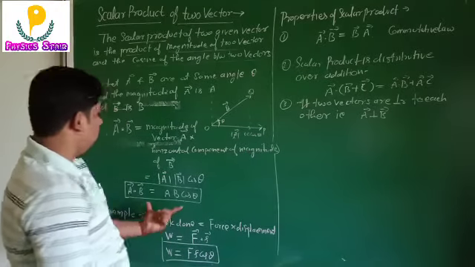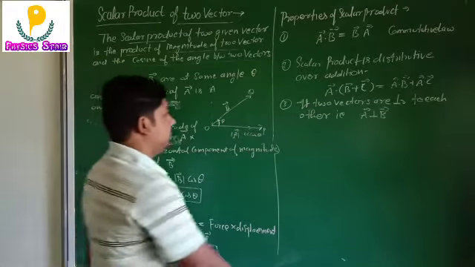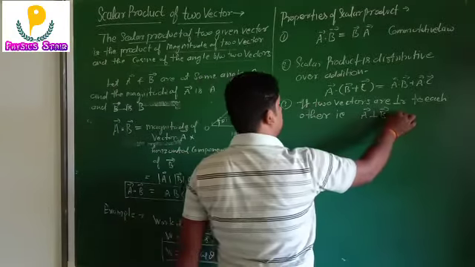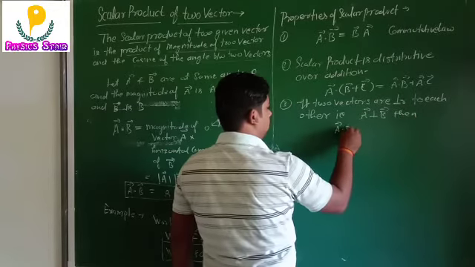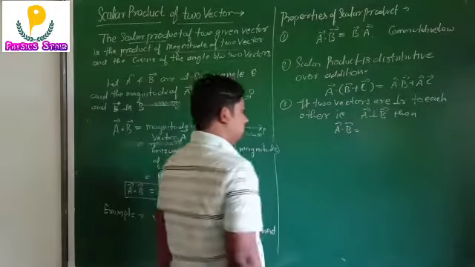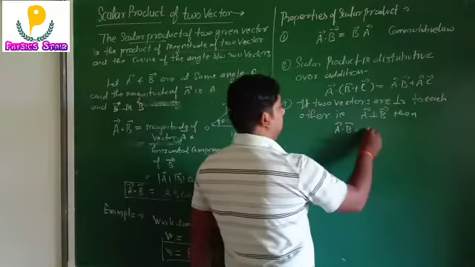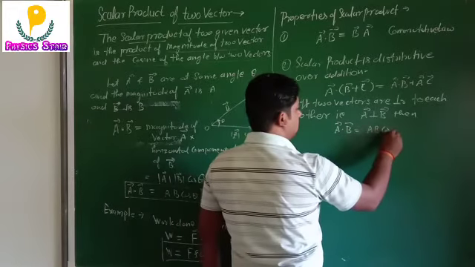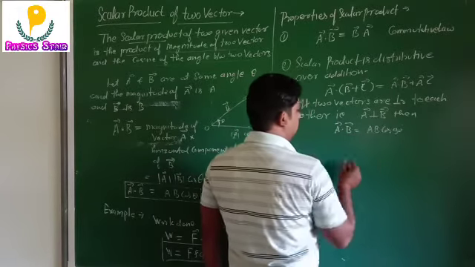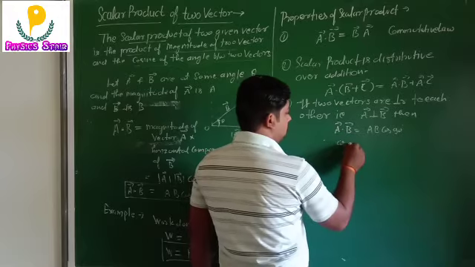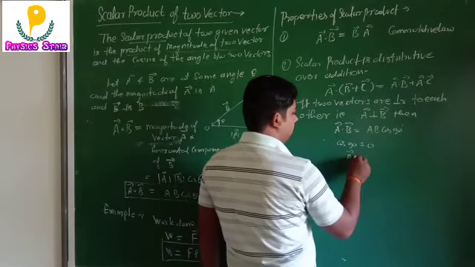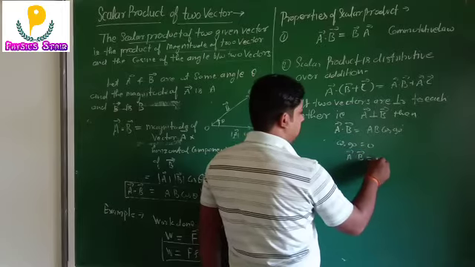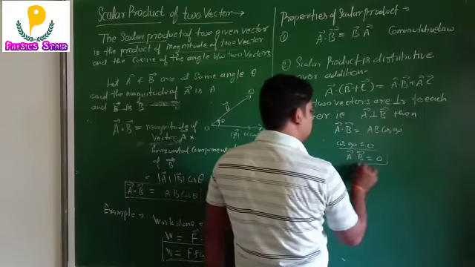So what is the product of vector A and vector B? Vector A dot vector B is equal to AB cos 90 degrees. Since cos 90 is equal to 0, vector A dot vector B is equal to 0.